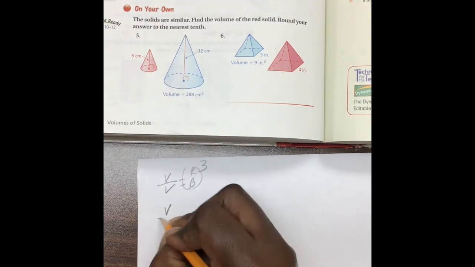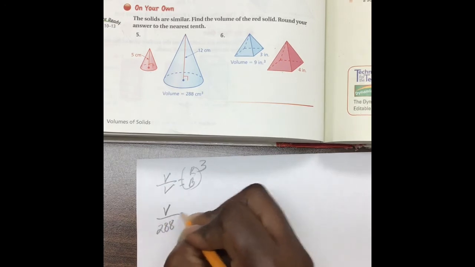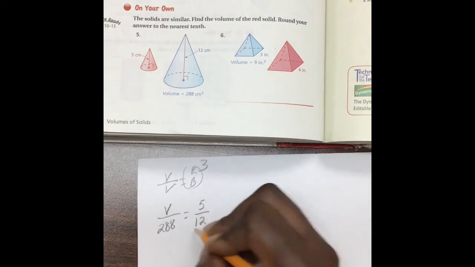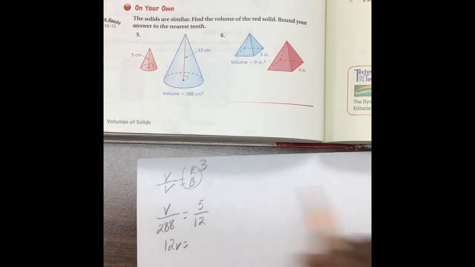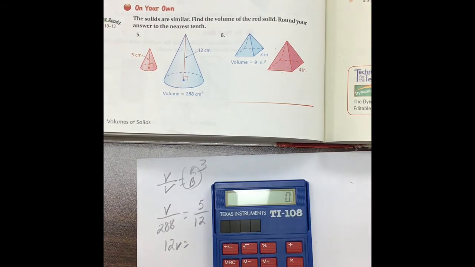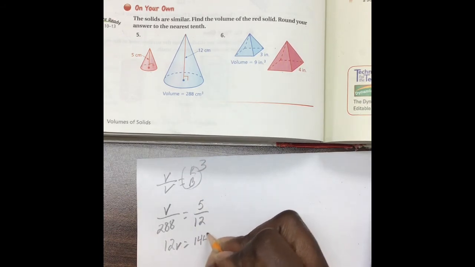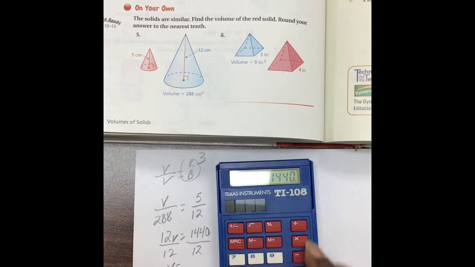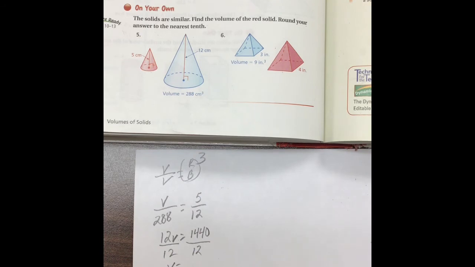The blue we do. The red, we have a 5. The blue, we have a 12. We cross multiply, 12V is equal to 5 times 288, which gives you 1440. Then you divide both sides by 12, and V is going to be equal to 120.